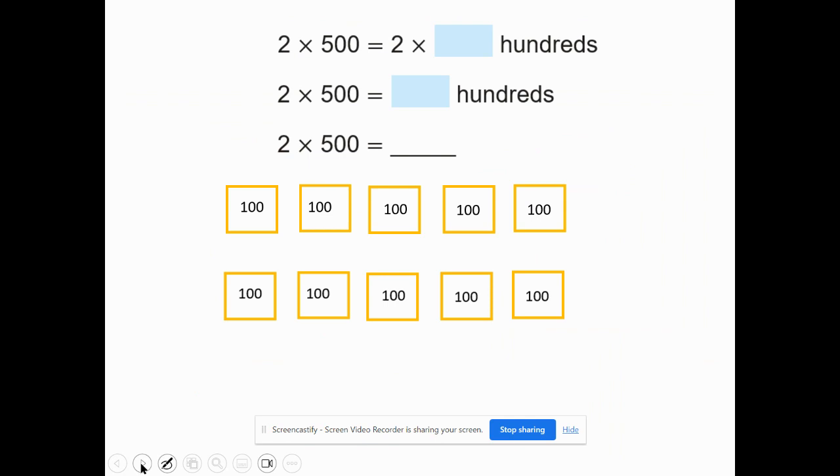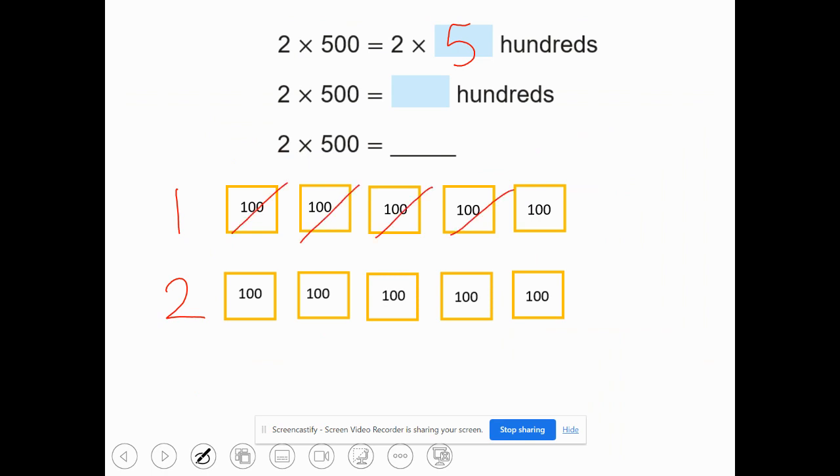So let's do some practicing with this. If I do 2 times 500, if you look here, I have two groups of 500. Here's my first group, here's my second group of 500. If I multiply by 500, 2 times how many hundreds? Well, I know that I'm doing 5 hundreds because there's 1, 2, 3, 4, 5.